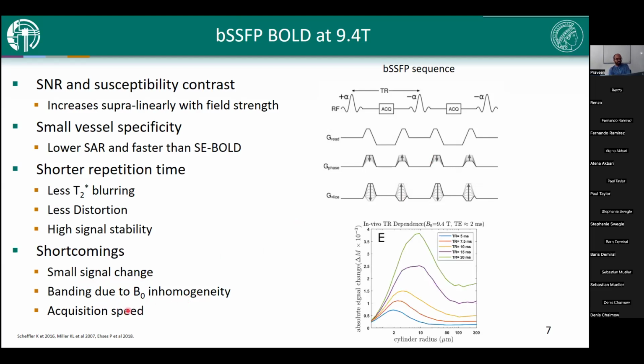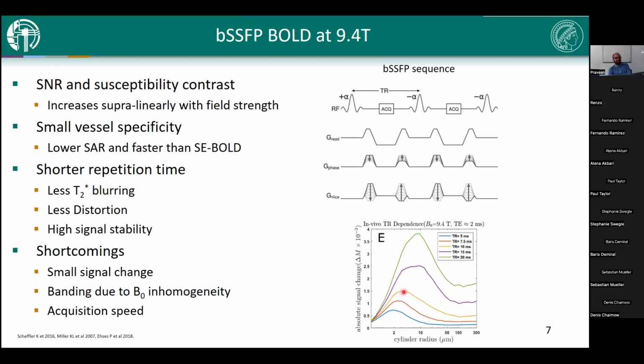So we simulated the vessel specificity profile of different repetition times. As you can see, for 5 to 10, like the yellow line, have still some macrovascular suppression and a reasonable response for microvascular.